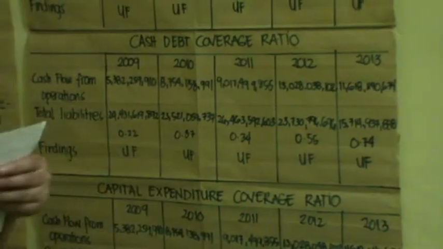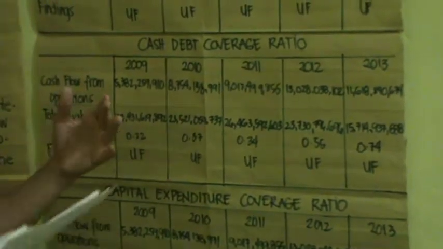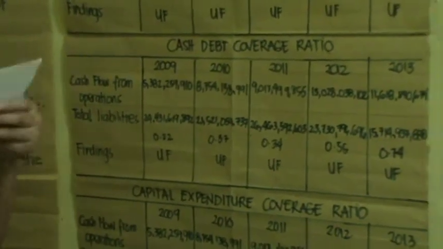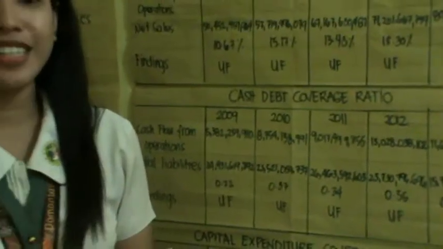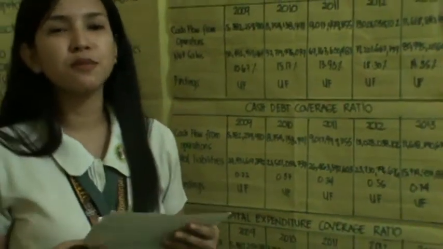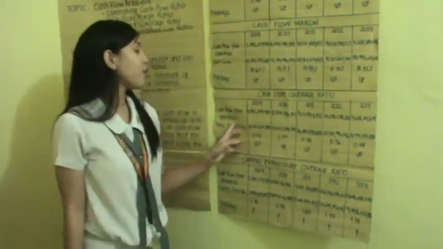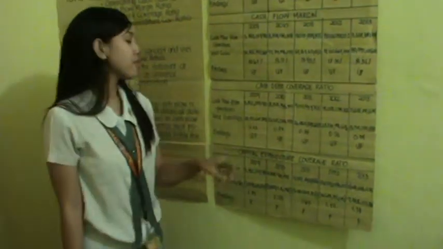It means that the ability of the company's earnings to cover its financial obligations is low. Therefore, the cash being generated by the cash flow from operations is not sufficient to meet its financial obligations.